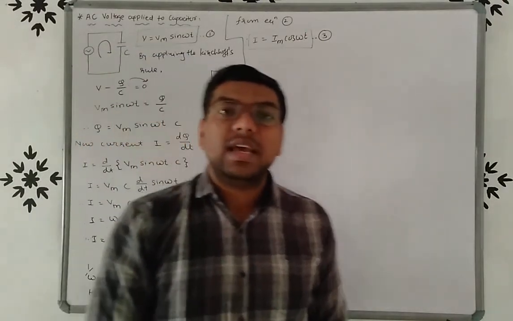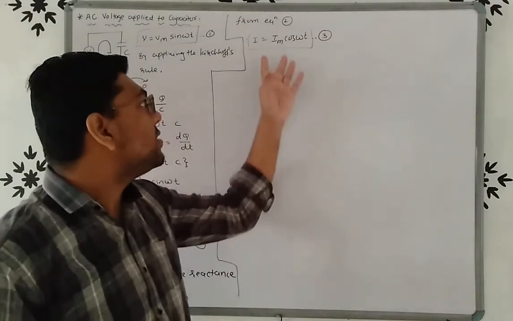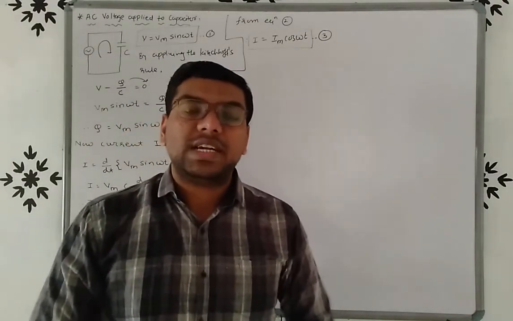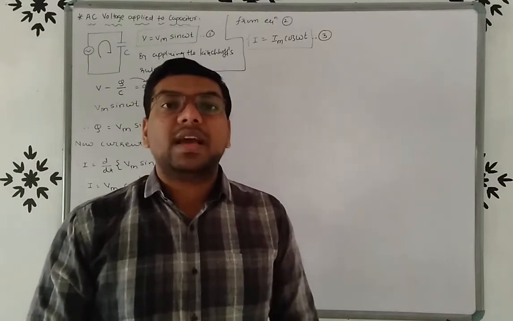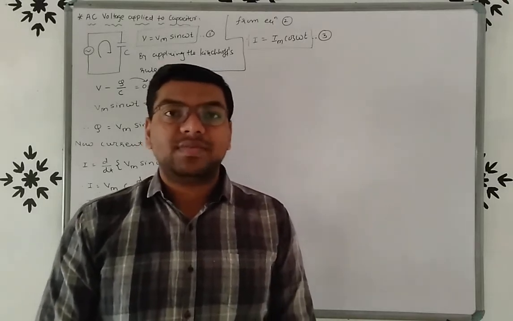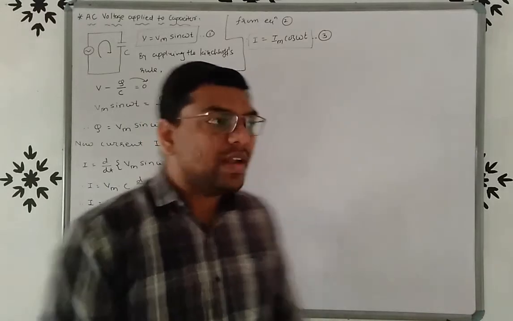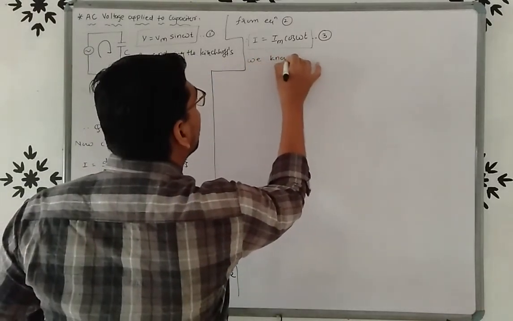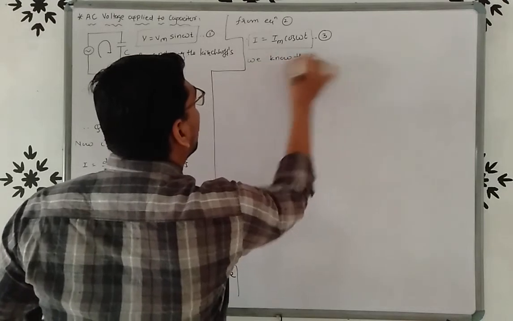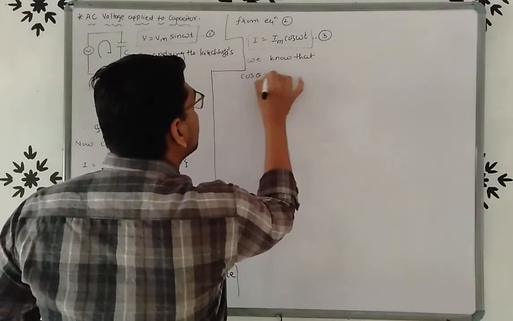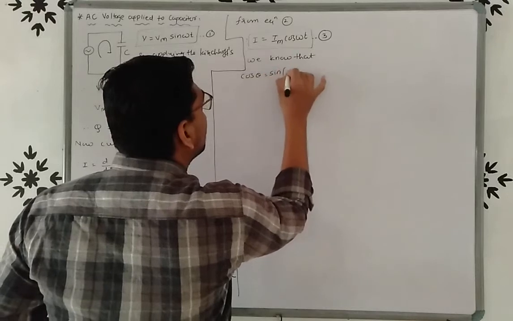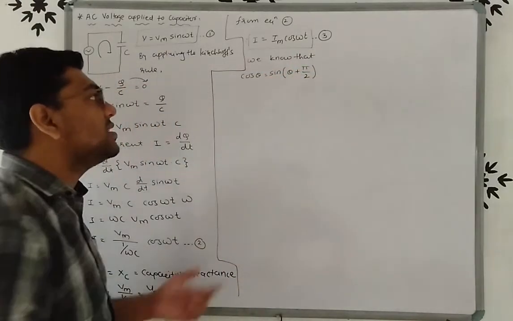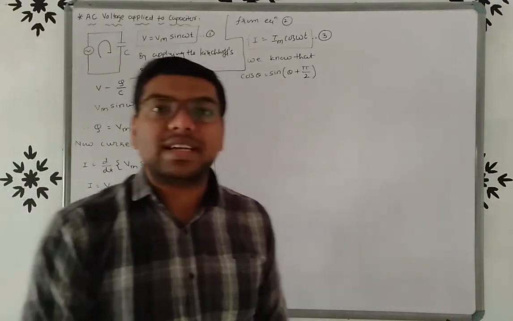Now friends, if we want to write this equation in terms of sine, we know that cos theta is equals to sin theta plus pi by 2, or you can say sin pi by 2 plus theta is equals to cos theta, right?